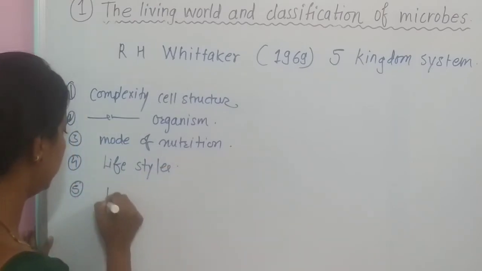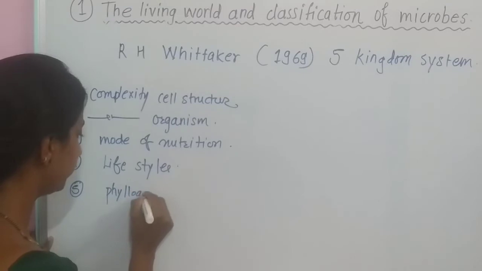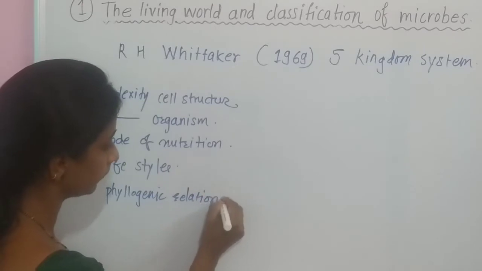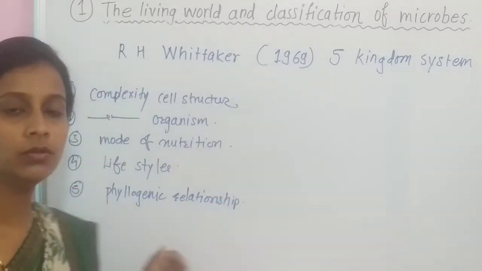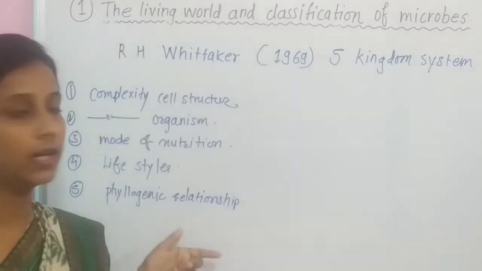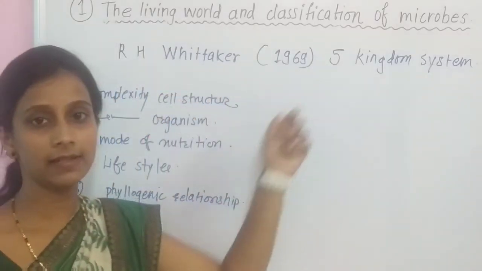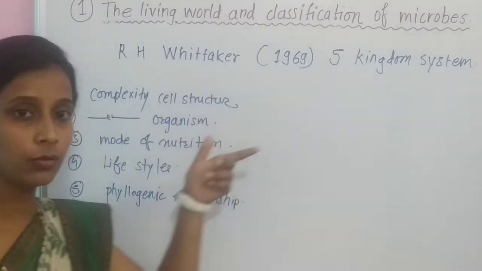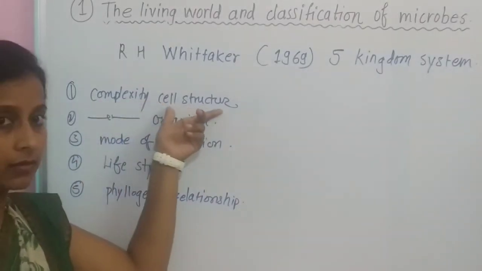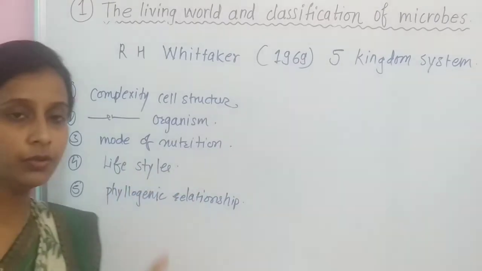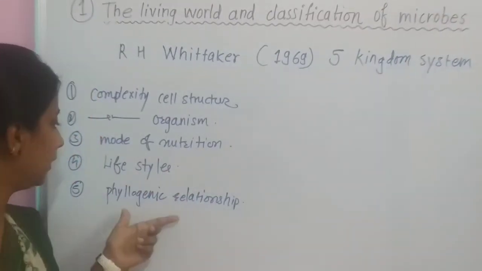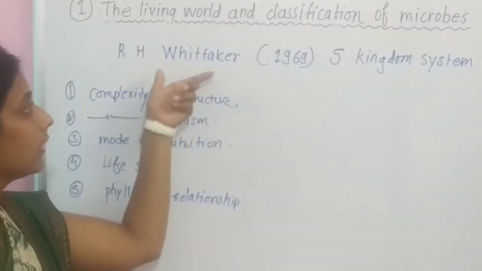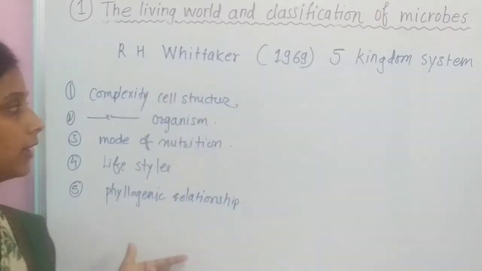And last he considered the phylogenetic relationship. So according to him, the complexity of cell structure and organism, the mode of nutrition, lifestyle and phylogenetic relationship. Let us see how he classified living organisms according to these criteria.